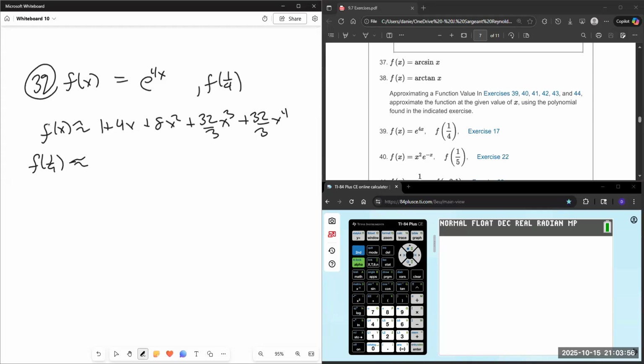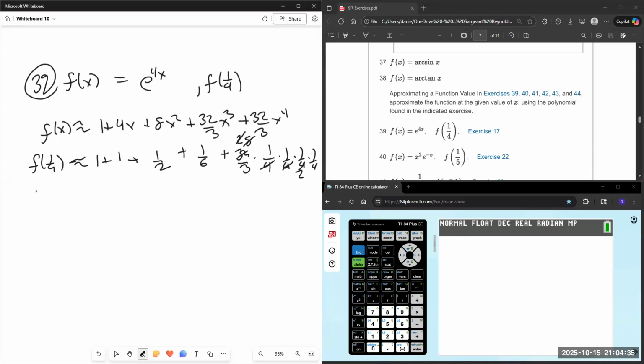So that's approximately 1 plus 1 plus 1/2 plus 1/6 plus 1 over 24. 4 goes into here 8 times, 4 goes into there 2 times, 2 goes into there 2 times, and 6 times 4 is 24.